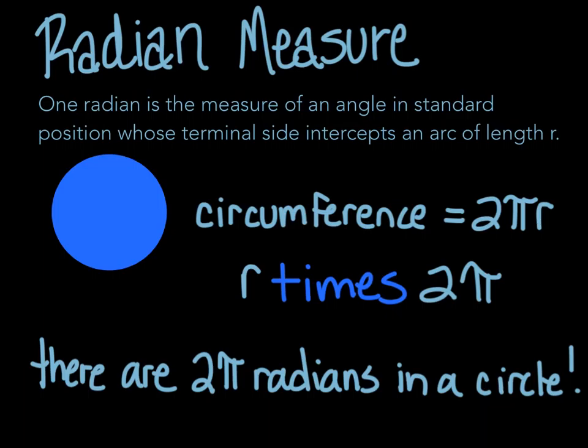All right, so next up, radian measure. A radian is the measure of an angle in standard position whose terminal side intercepts an arc of length r. Here, this is the radius of the circle, right? If I measured that with a tape measure that was floppy, and then I laid that along the edge, it would be about right there.